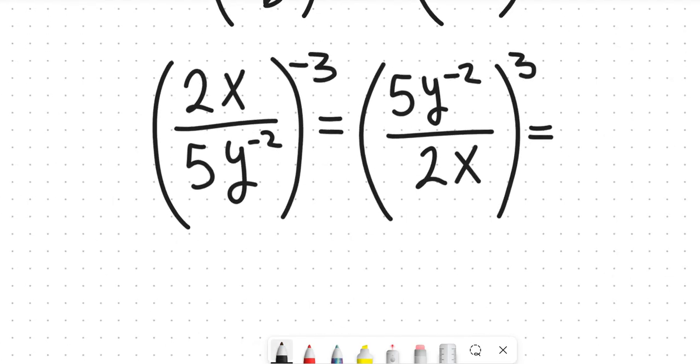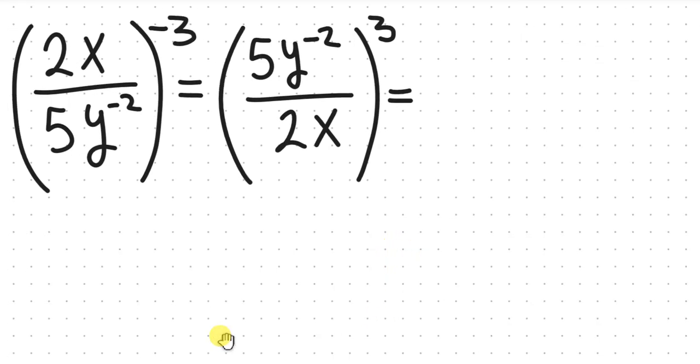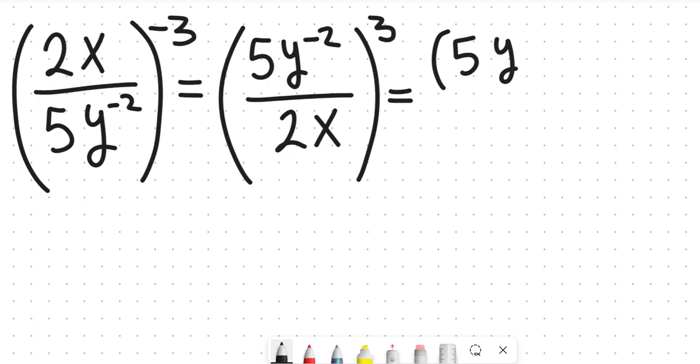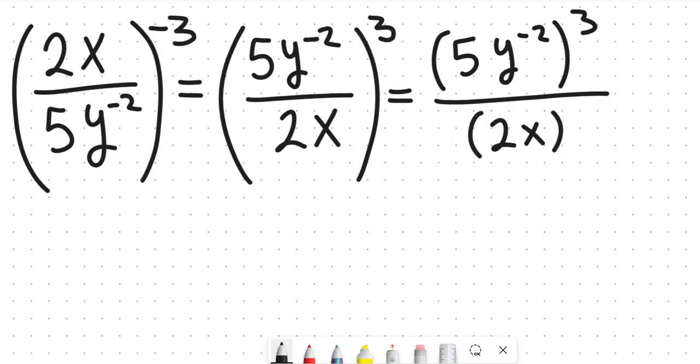Excellent. Let us now expand them both, raise them both to the power of 3. So what do we have? In the numerator, we have 5y to the negative 2 to the power of 3. In our denominator, we have 2x to the power of 3. Now we say, one by one, 5 to the power of 3.